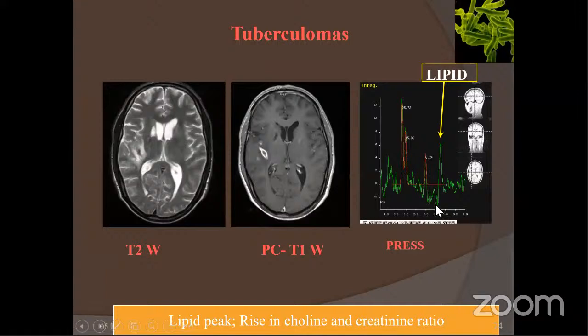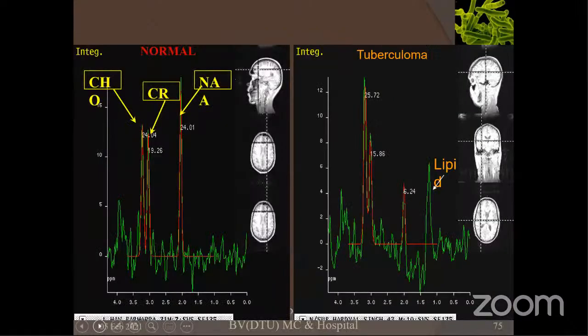We have done the MRS in these cases with a lipid peak, which you can see in this particular picture. Lipid peak, rise in choline and creatine ratio also can be seen. So this combination is characteristic of tuberculomas, and you can see this is the choline, this is the creatine, this is NAA peaks.